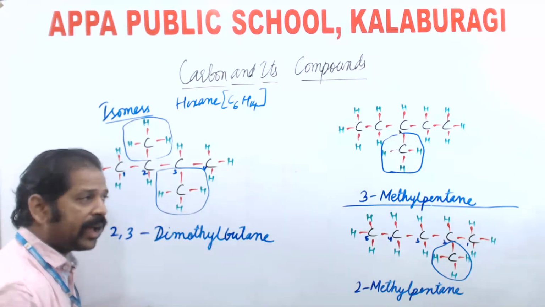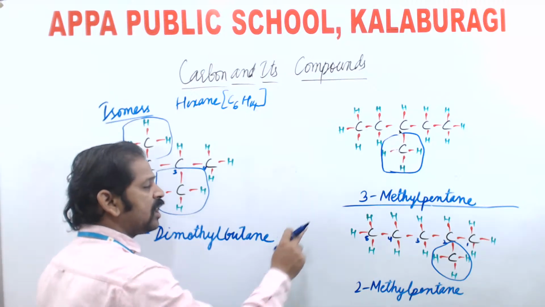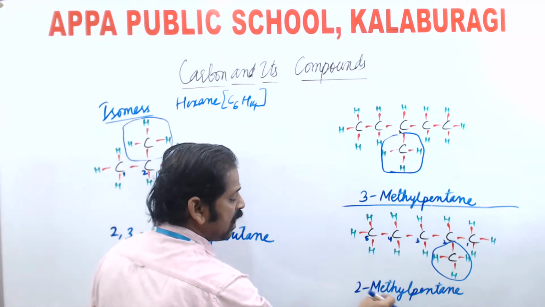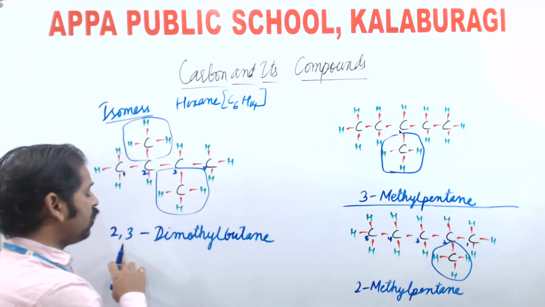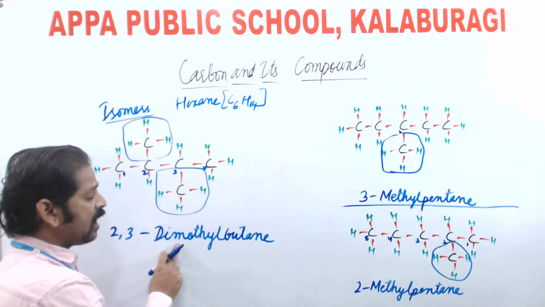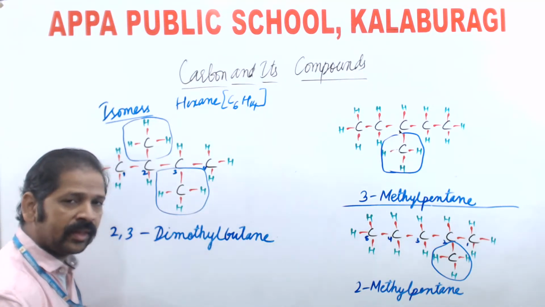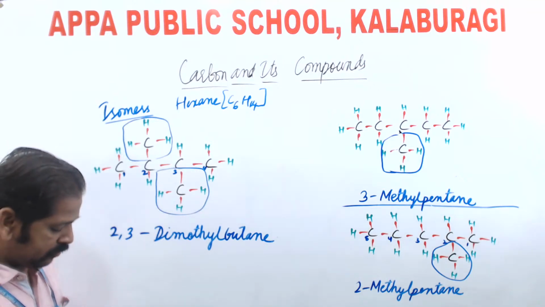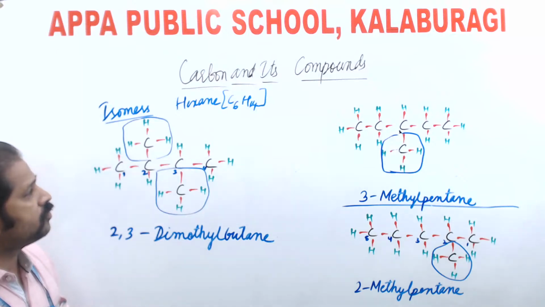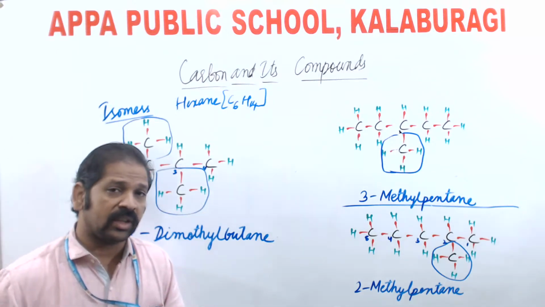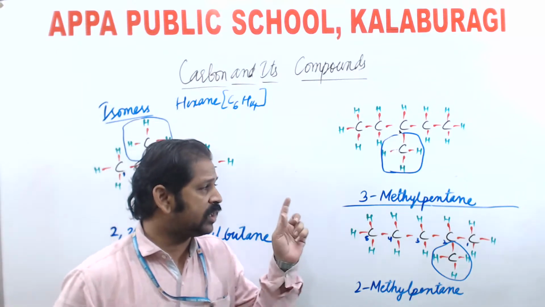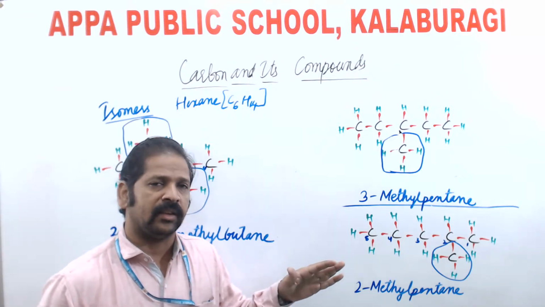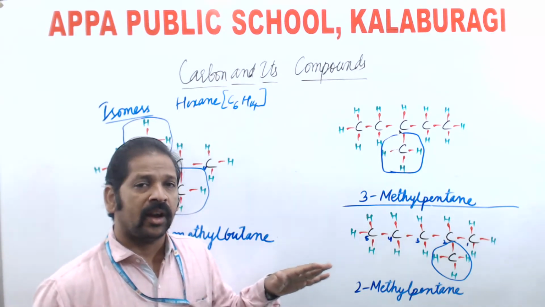First was hexane, second was 3-methylpentane, third was 2-methylpentane. Now the fourth one is 2,3 dimethylbutane. One more will complete it, because this question was asked twice in the board examination, around 3 or 4 years back and 2 years back.